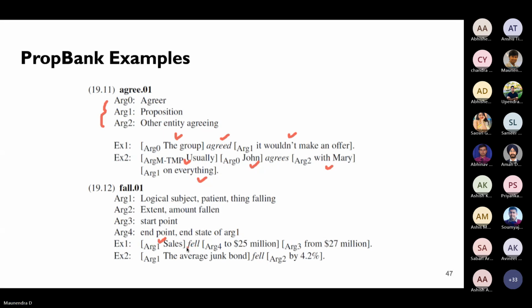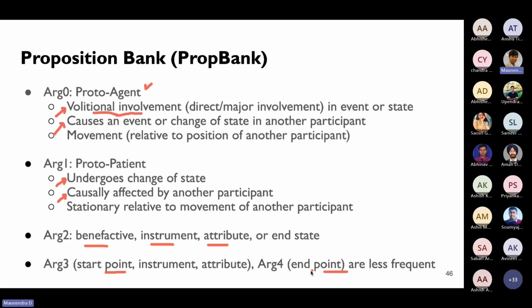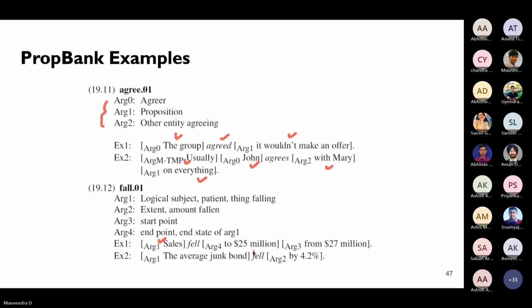It's the effect. Sales is at the receiving side of the fall. And arg2 is the end point, to 25 million from 27 million, from where? So argument 3 is for the start point, argument 4 is for the end point, and arg1 is the logical subject.